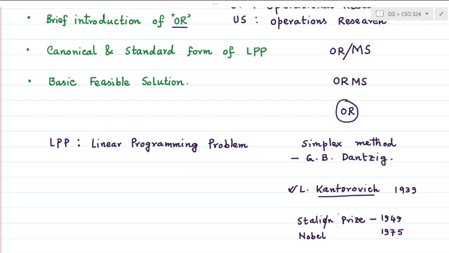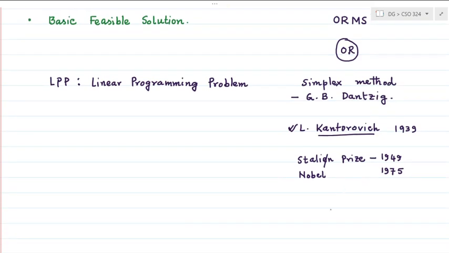And it happened in 1975, where the Nobel Prize was given to Kantorovich, and it was not just one person. This Nobel Prize was given jointly with a Dutch American mathematician, T.C. Koopmans, Charles Koopmans.